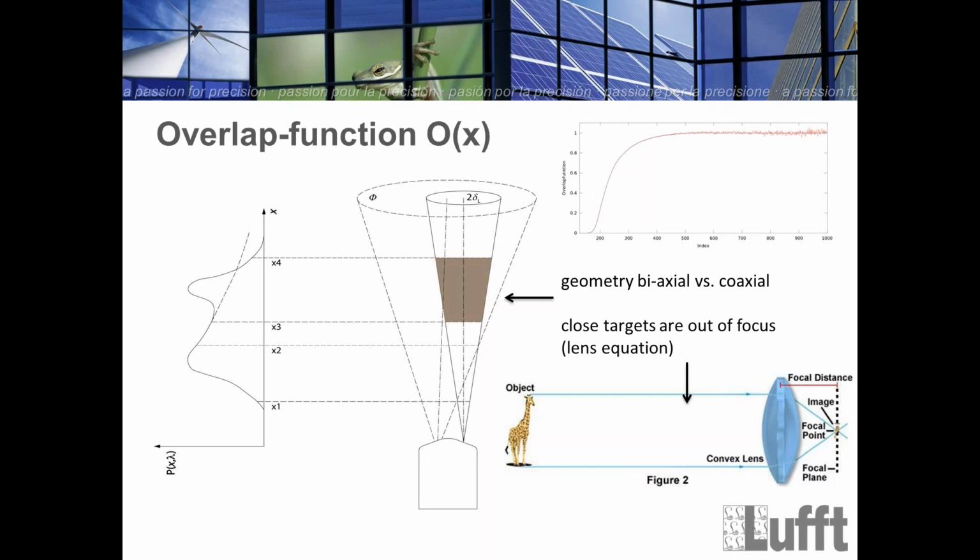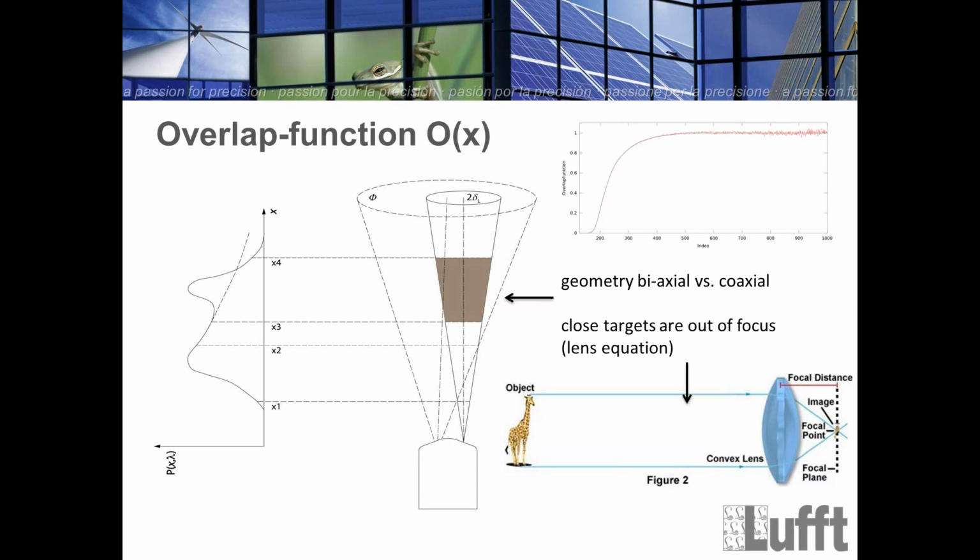You can see it on the left side. In principle, you have a region where the laser is sent out, but nothing can be collected in the field of view of the detector. So let's say we are below the X1 level in this moment. So there is no signal at all.